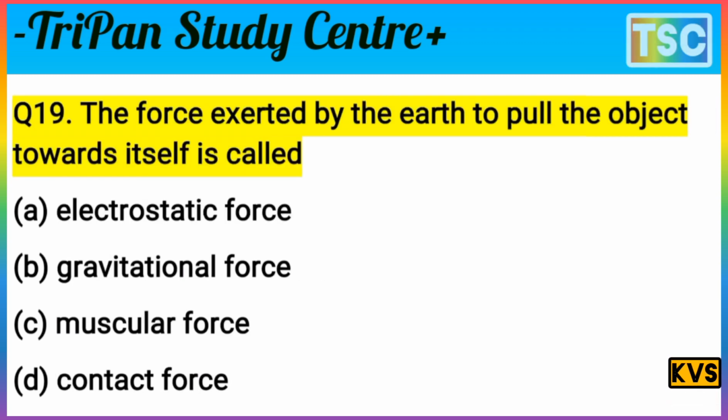The force exerted by the earth to pull the object toward itself is called: A. Electrostatic force, B. Gravitational force, C. Muscular force, D. Contact force.